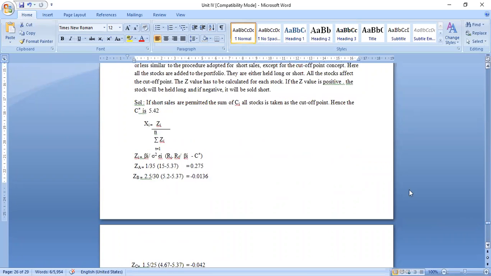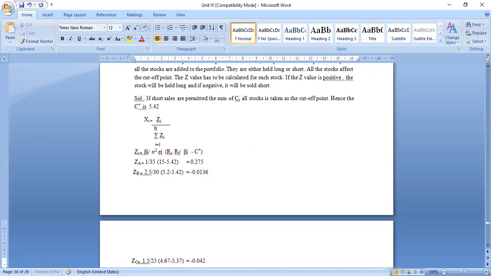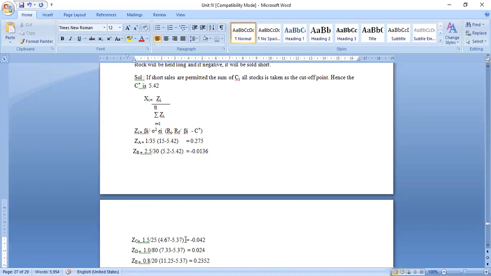So here quickly I have to make the changes here. So this is 5.42 for all the securities here. Here it is 11 minus 5.42.